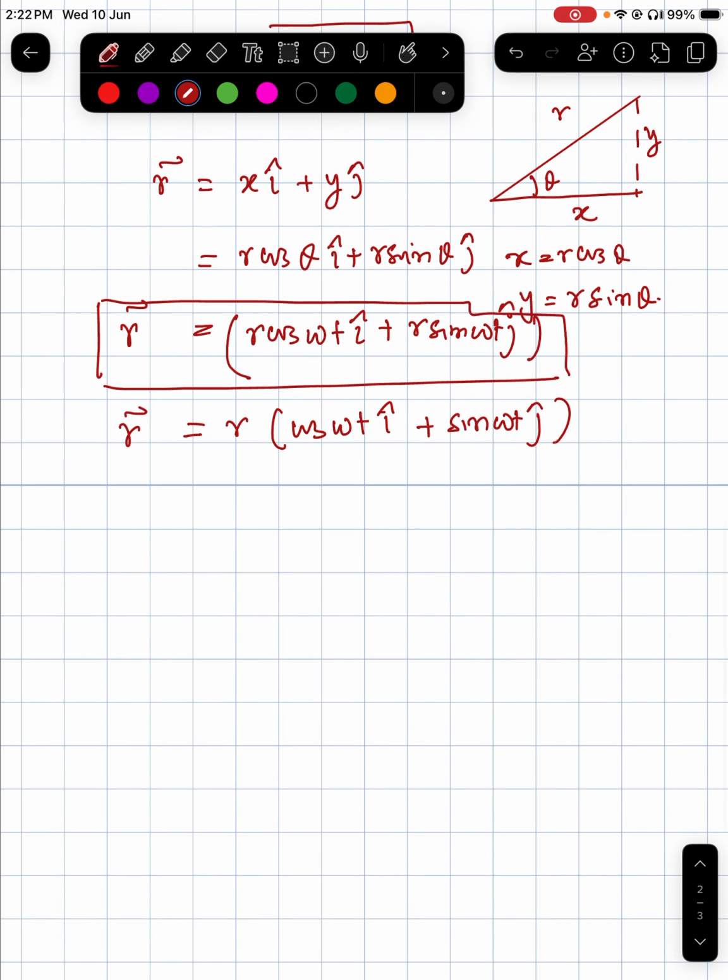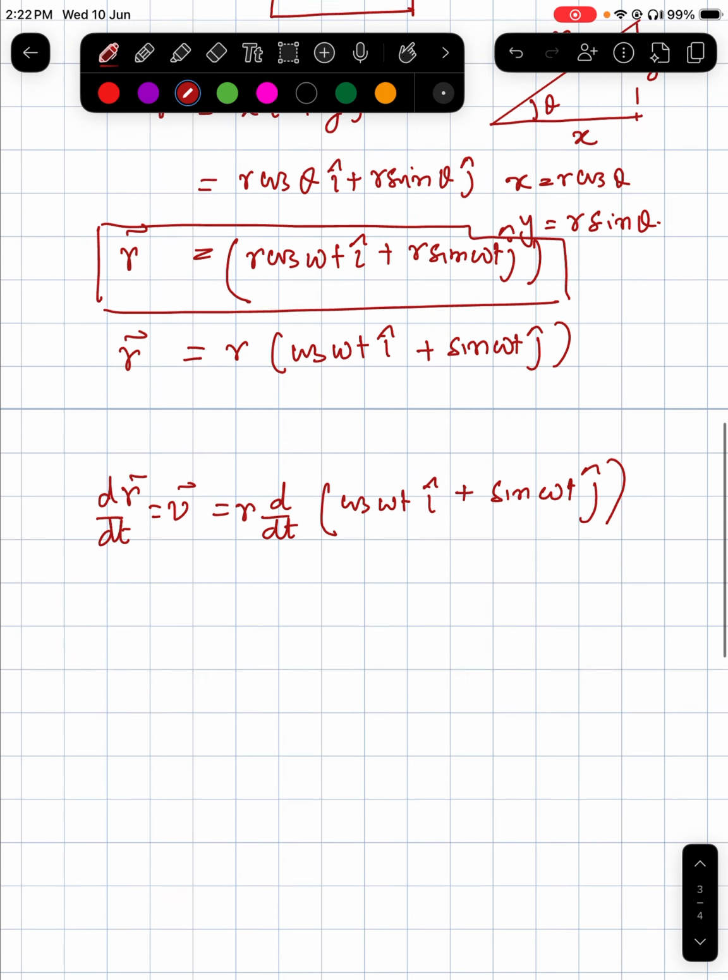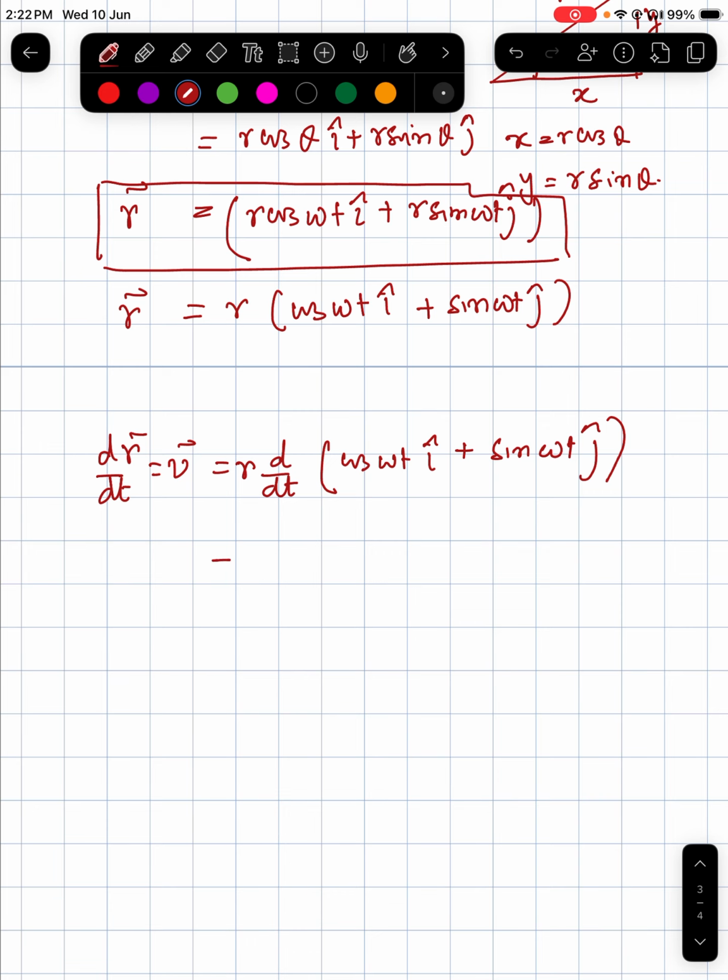We have found r. Then the next task is to get the velocity. Velocity we can easily find from dr/dt, that is the instantaneous velocity at any time. So we have to differentiate both sides with respect to t. Since r is a constant, I am taking r outside the derivative because it is not participating in the derivative, and I am going to differentiate the rest.